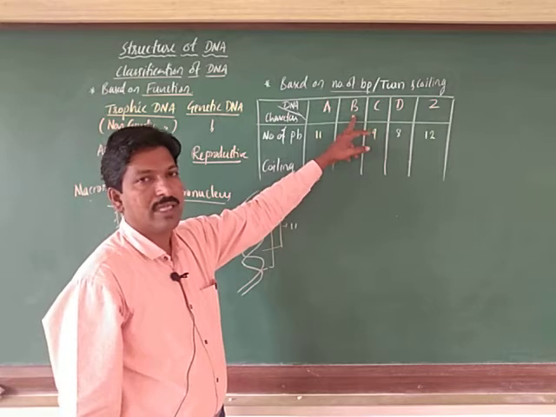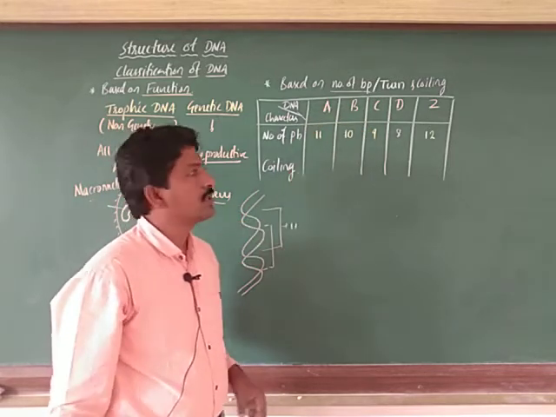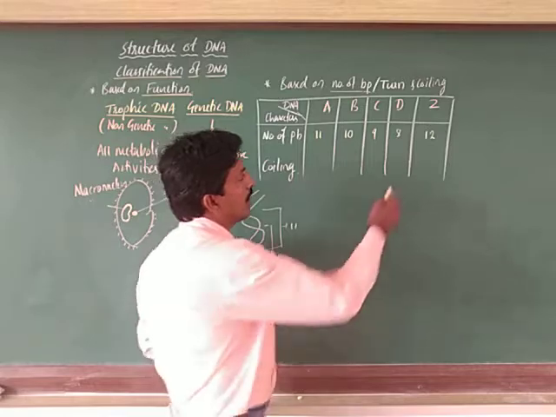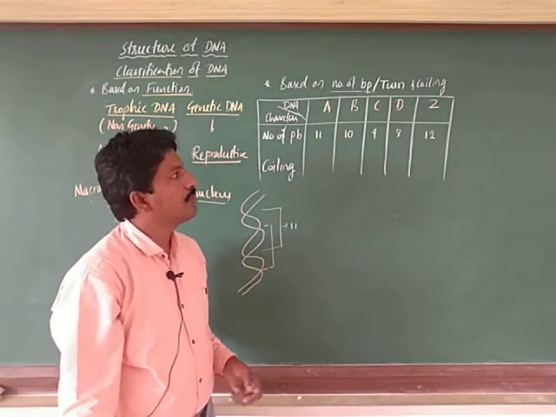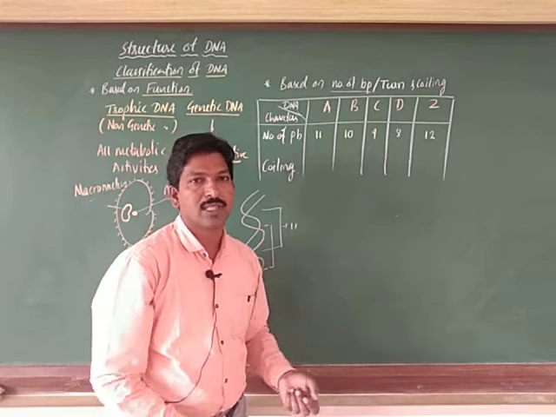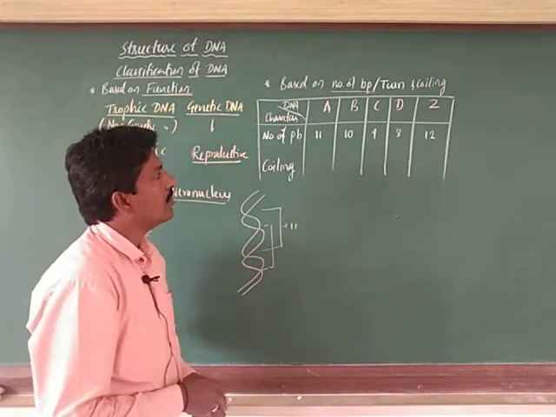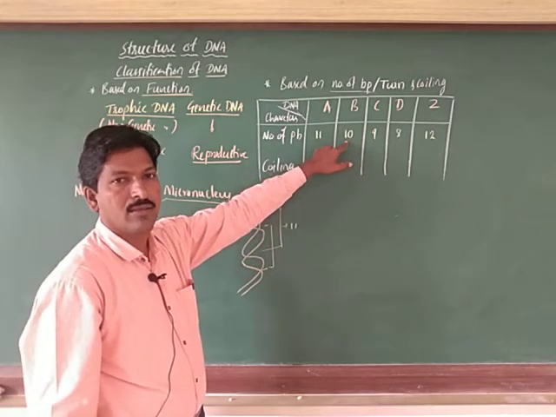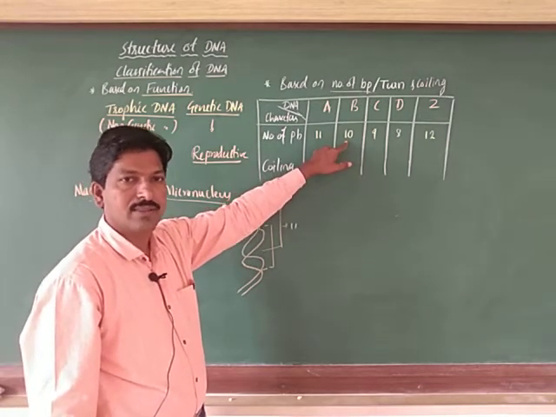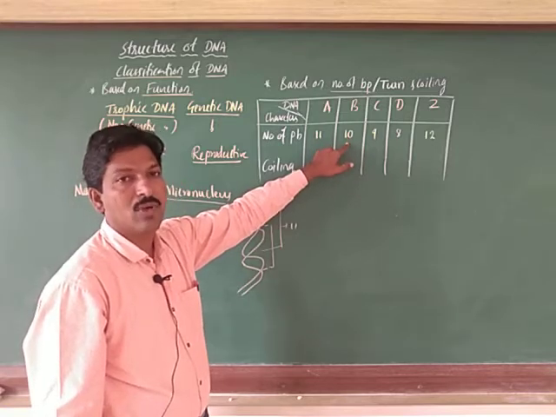The Z form is exceptional, and it may be synthesized. Different scientists discovered these. As you know, James Watson and Francis Crick explained the B form, the double helix model of DNA.